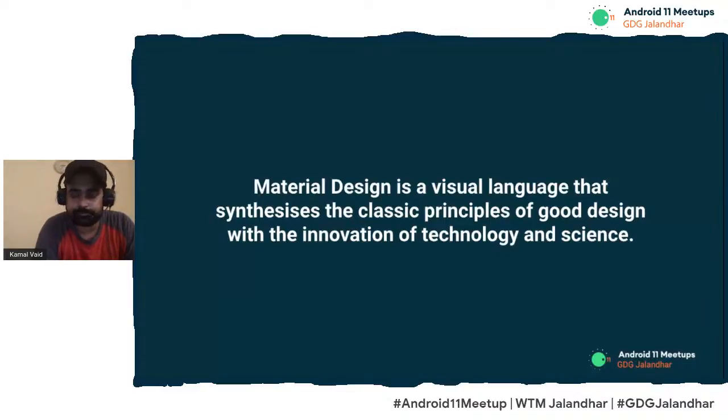If I sum it up, it's basically a principle that we need to follow for every motion, visual, or even icons as well. If you want to explore more about Android designs, just go to material.io/develop/android, where you will find all the guidelines related to Android UI UX and even icons.